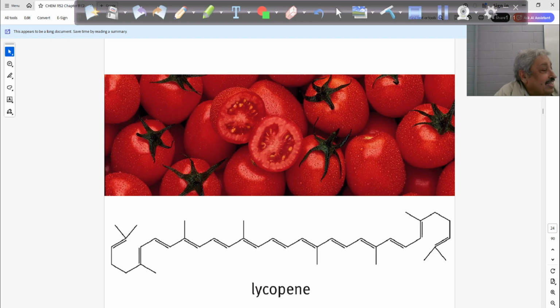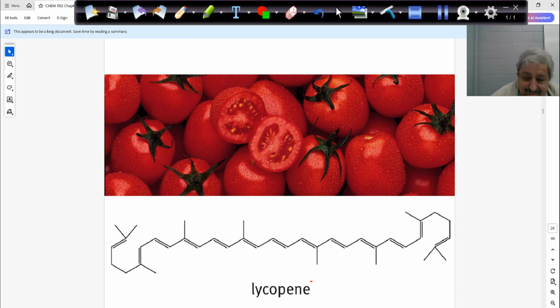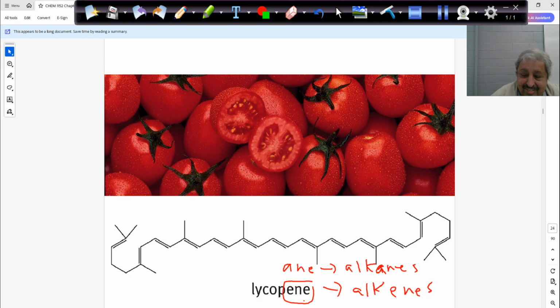Lycopenes. This is a hydrocarbon with, at the end, what? ENE means alkenes. So this one here, ENE, means now we don't have ANE. ANE, then we have alkanes. Correct, guys? Now we have E here, will be alk, instead of A, will be ENES.